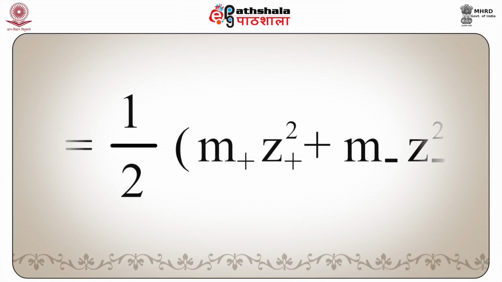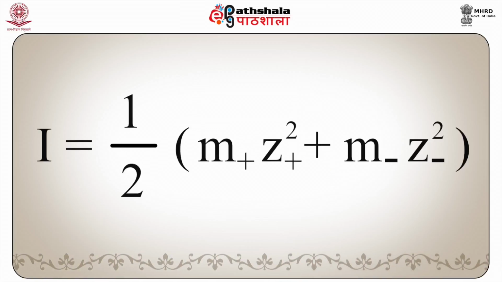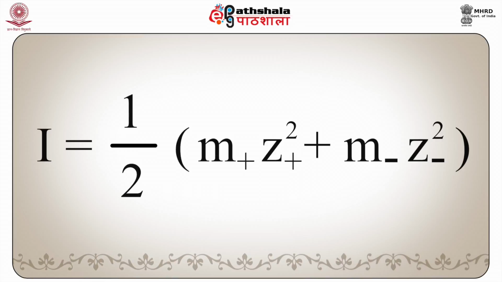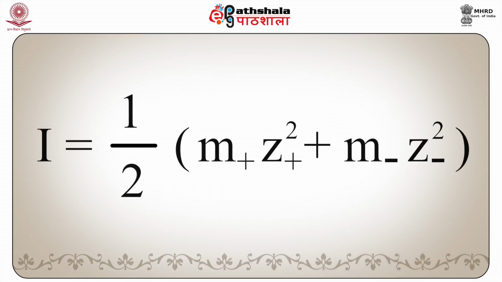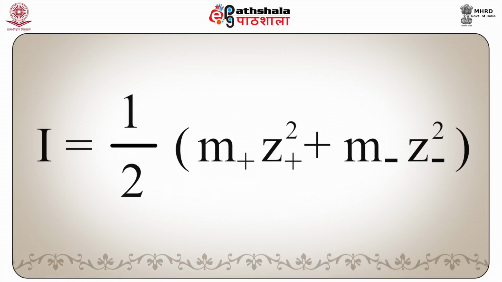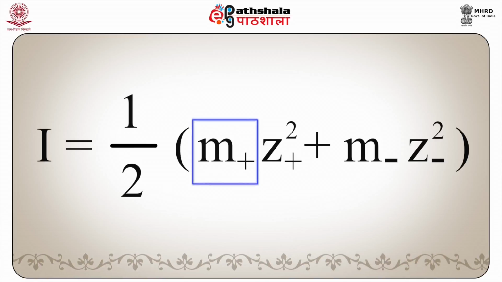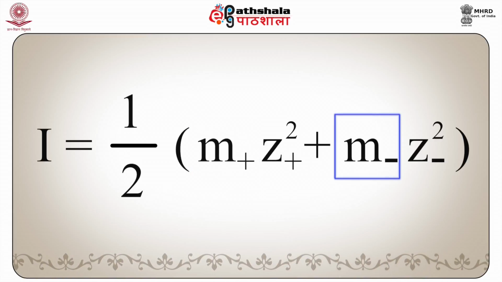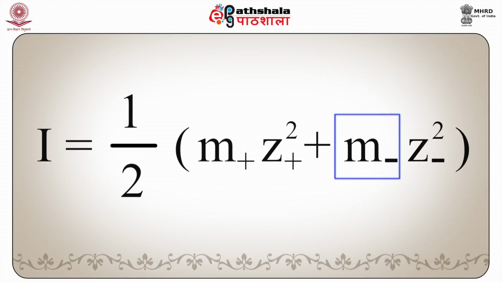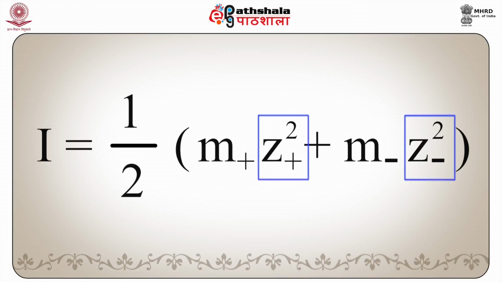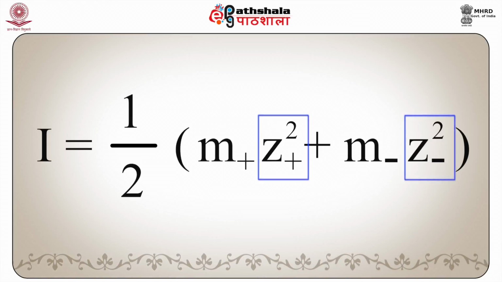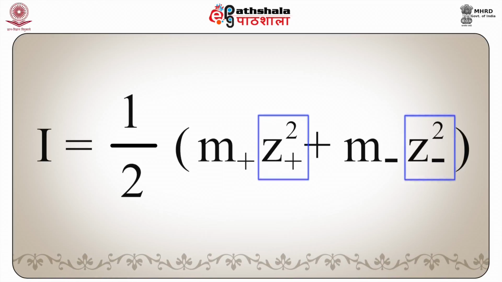Hence, we have I equals half of M plus Z plus square plus M minus Z minus square, where M plus is the molality of cation and M minus is the molality of anion. Z plus and Z minus are the valencies of the cation and anion respectively.